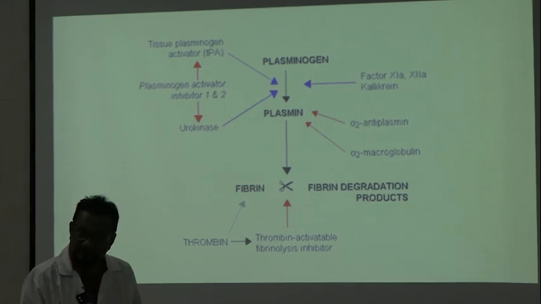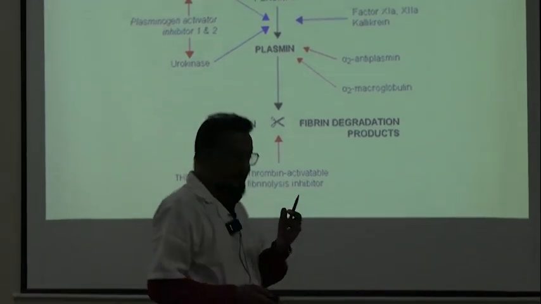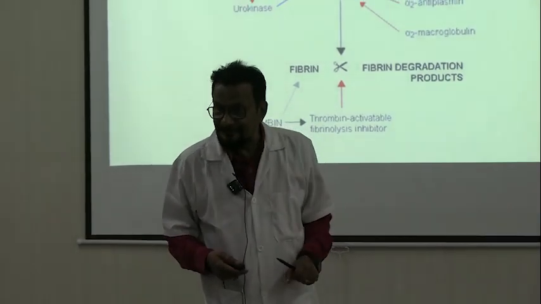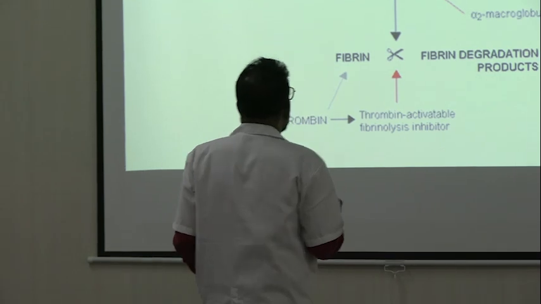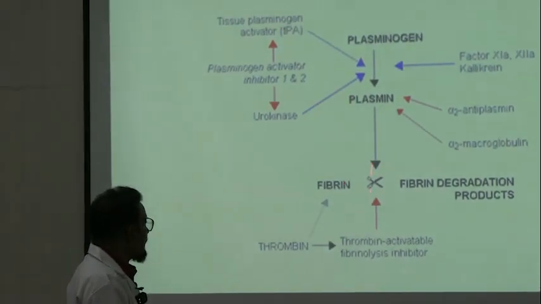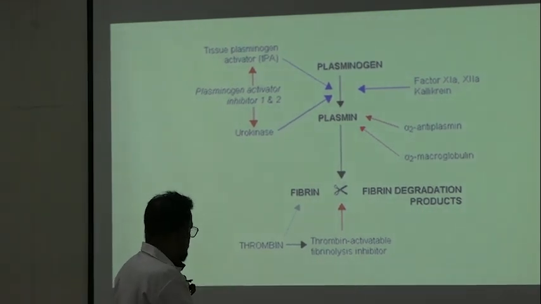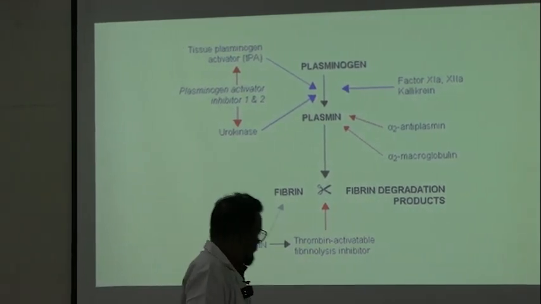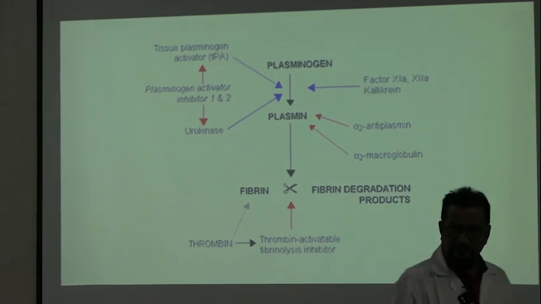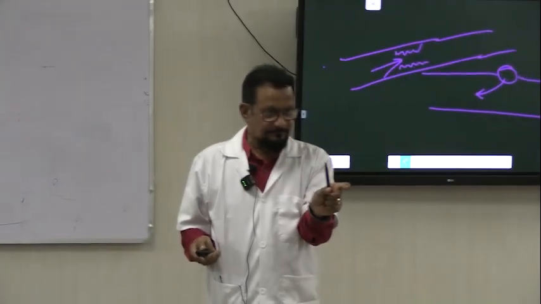These are present, even in platelets. So they will convert plasminogen into plasmin. Now this plasmin enzyme will cut the fibrin into pieces. So there will be fibrinolysis. This is the mechanism. You have to explain what is the mechanism.